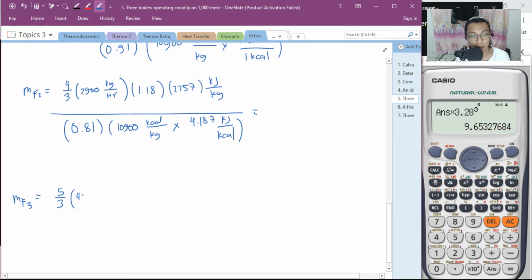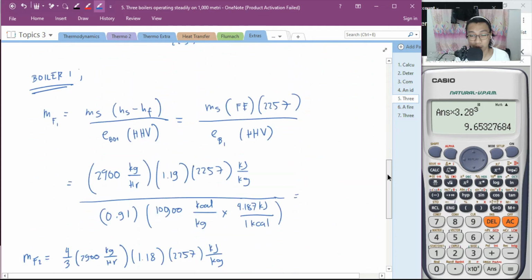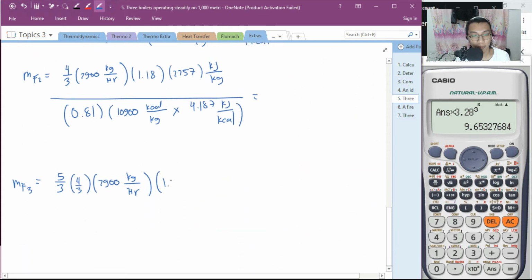O di 4/3 nung MS1, 2,900 kilogram per hour multiplied to 1.24, tama? 1.24 times 2257 kilojoule per kilogram. Ano ibig sabihin nito? 2257 kilojoule per kilogram to turn 1 kilogram of steam, ganun ata yun, kung hindi ako nagkakamali. To evaporate.